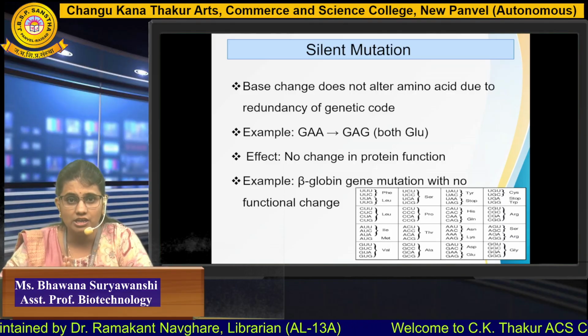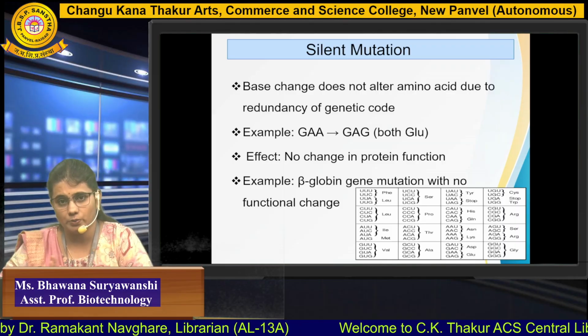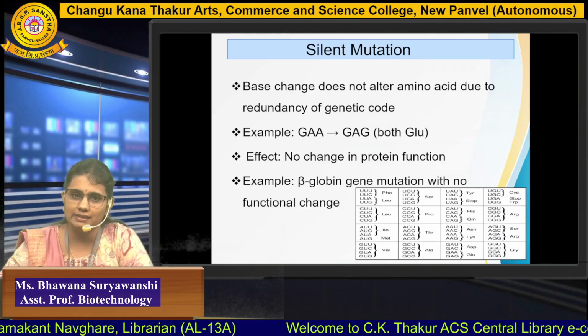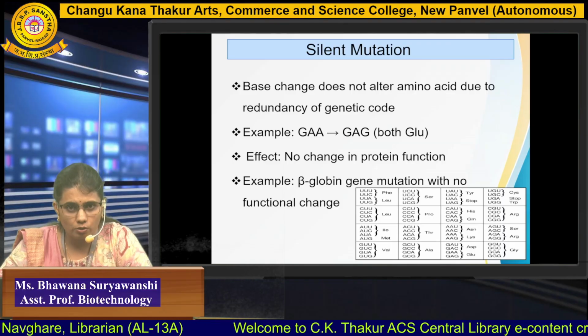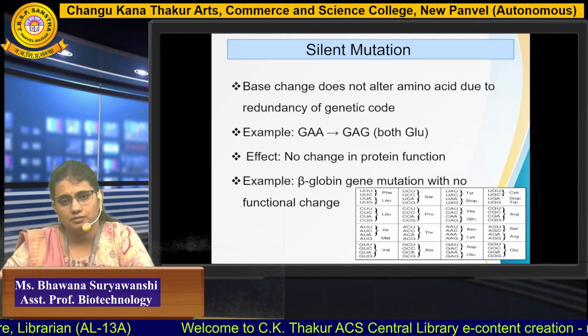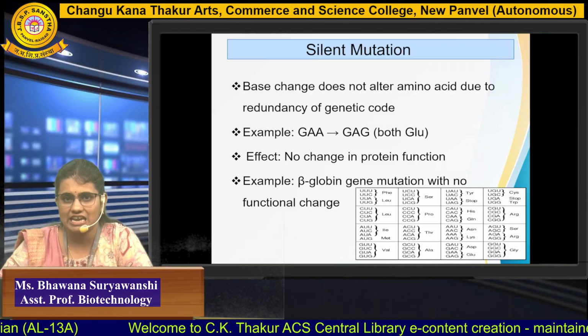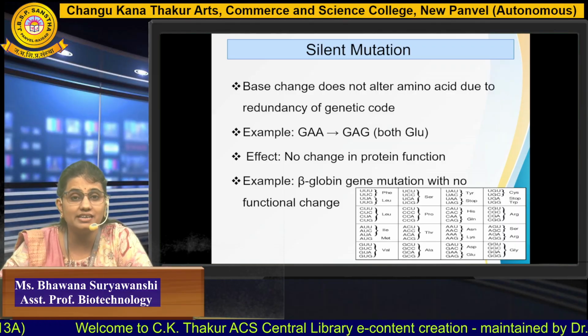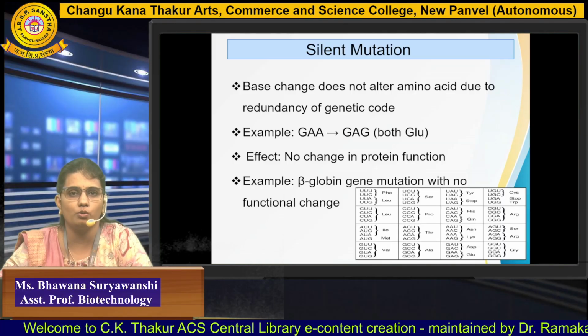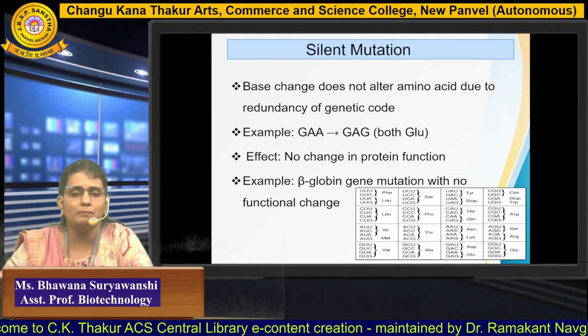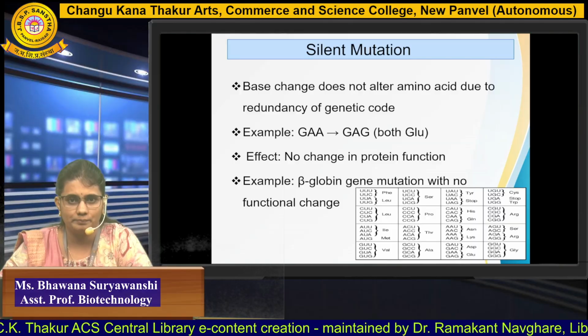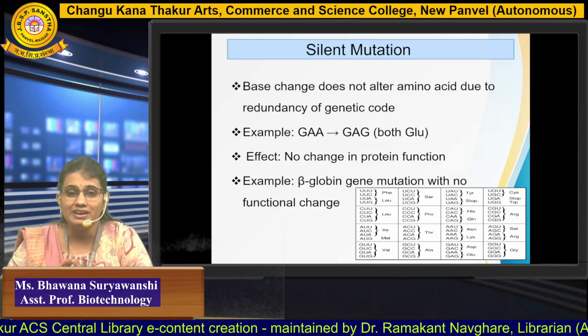For example, GAA is converted into GAC. Both are codons, right? And one base is substituted, so A is converted into C. But what is the net effect? Both of the codons code for the same amino acid, that is glutamate. So here there is no net change.